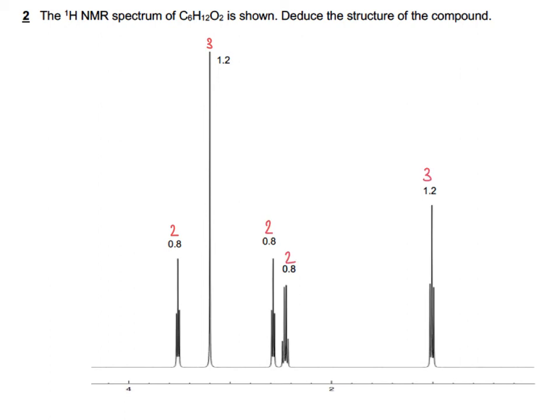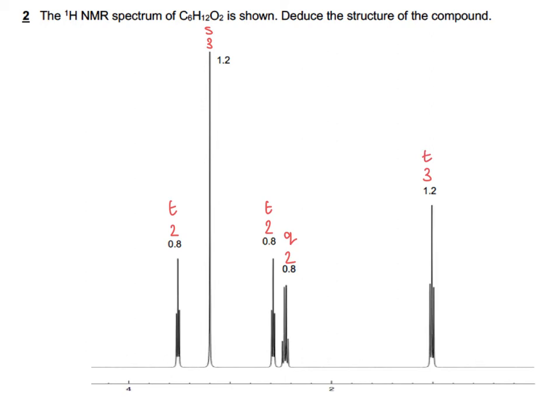Next thing then to do is to do the splitting patterns. So again, working from left to right, that is a triplet, that is a singlet, that is a triplet, that is a quartet, and that is a triplet.